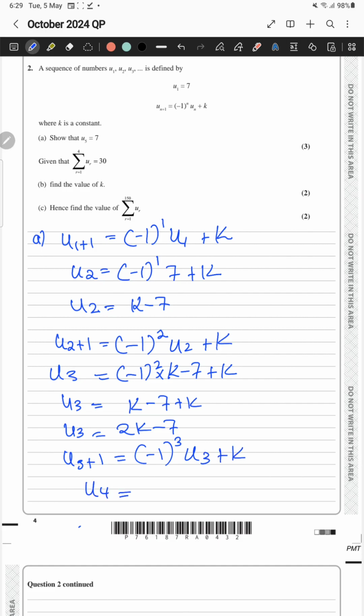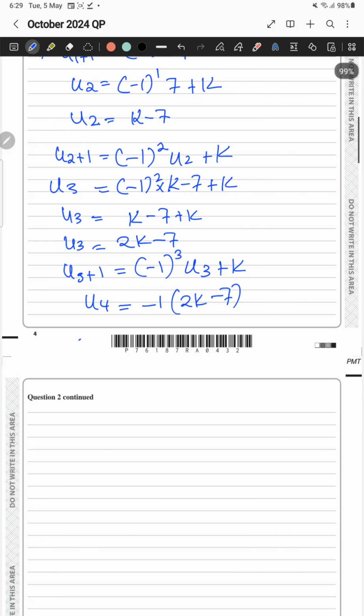So minus 1 to the power of 3 is just minus 1. u3 is going to be 2k minus 7. The previous answer, basically over here you just keep substituting in the whole answer, similarly to what you have done for u2 and u1 before.